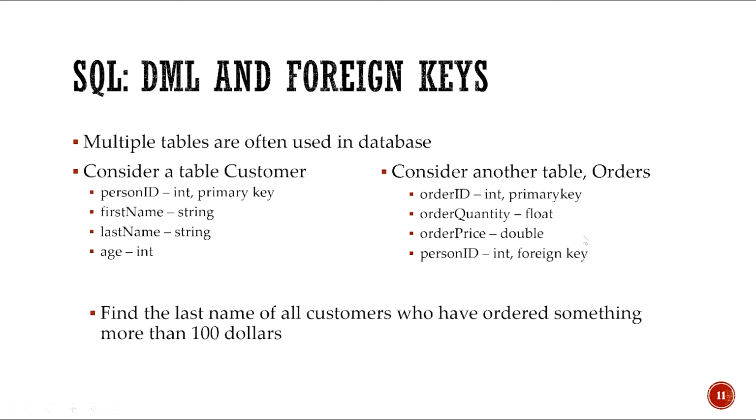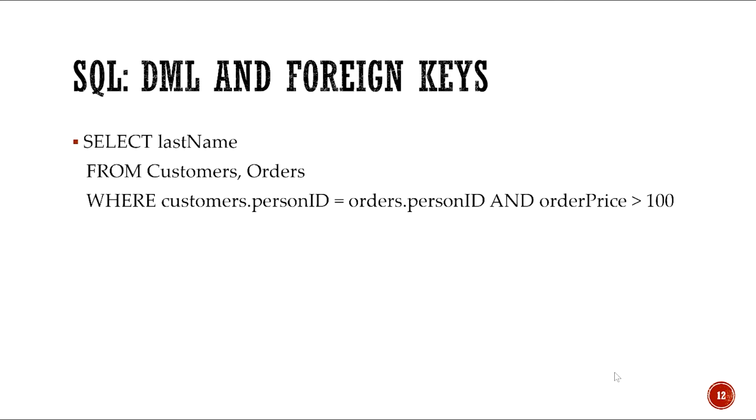Now we want to find the last name of all customers who have ordered something more than $100. So we are going to use the select, from, and where statement when we have 2 tables connected through a foreign key. So we select last name, we are looking for last names from these 2 relations or tables, customers and orders.